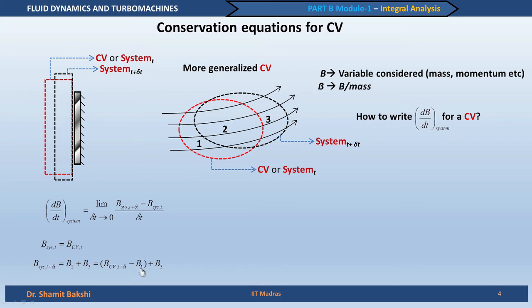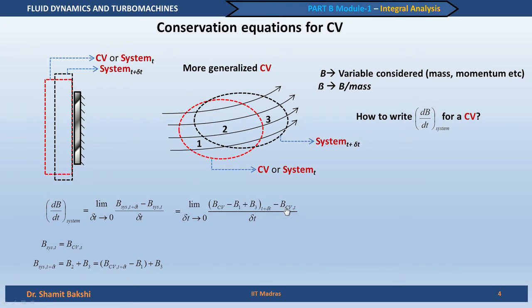So, now by writing it in this form, if we can plug in these two components here, what do we get? We get the limit of delta t tending to 0, this is the numerator and divided by delta t. So, what we see here is basically the value of b c v at t plus delta t and b c v at t appears in this expression.